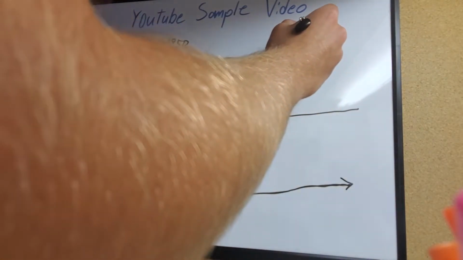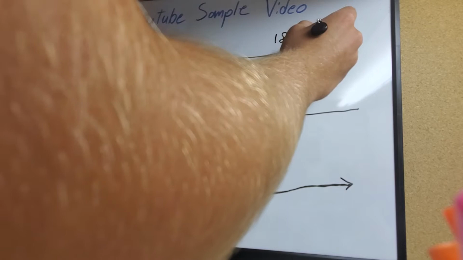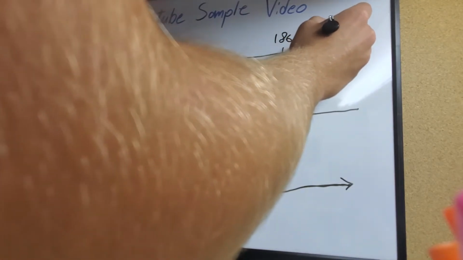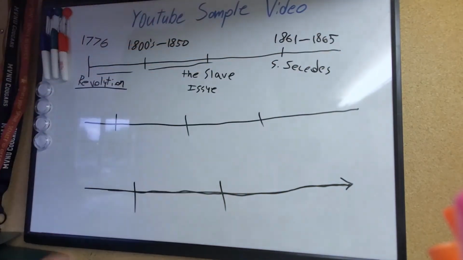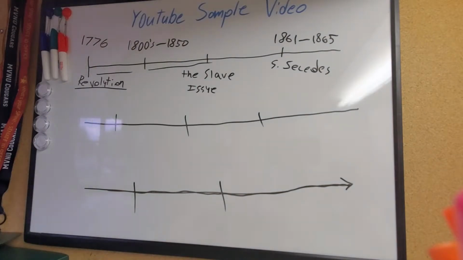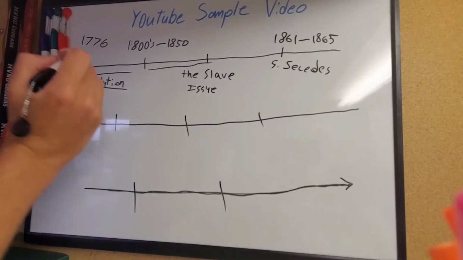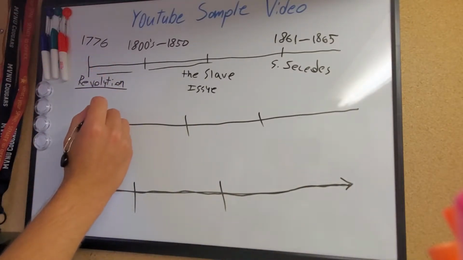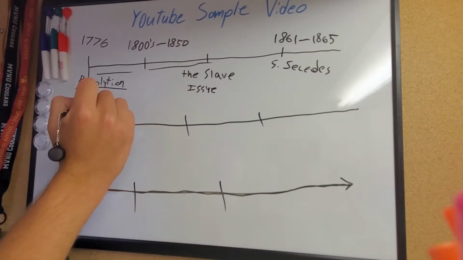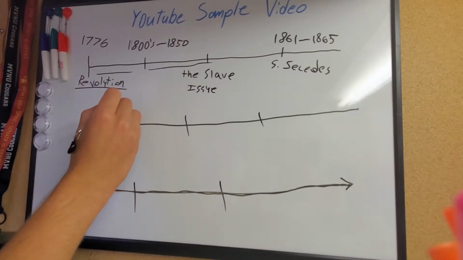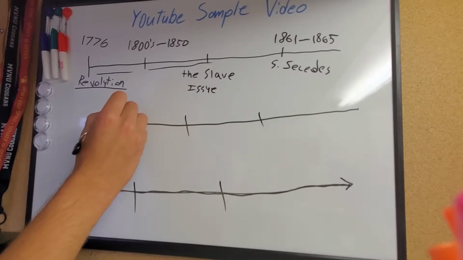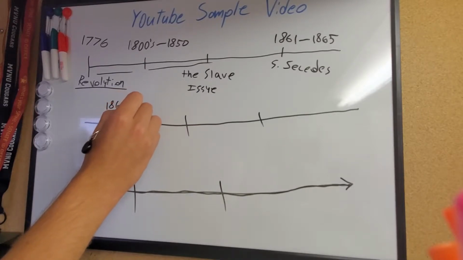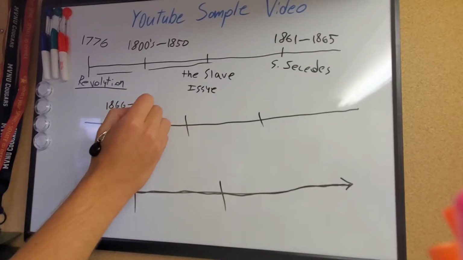And the Civil War ensues to about 1865. And towards the end of that war, Abraham Lincoln is assassinated, and the North wins the war, of course. And then we have a period of Reconstruction, which lasts about 1866 up until 1877.